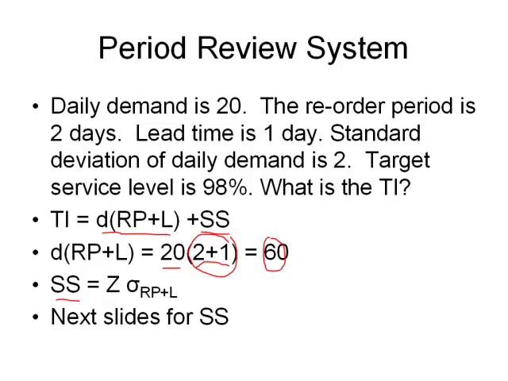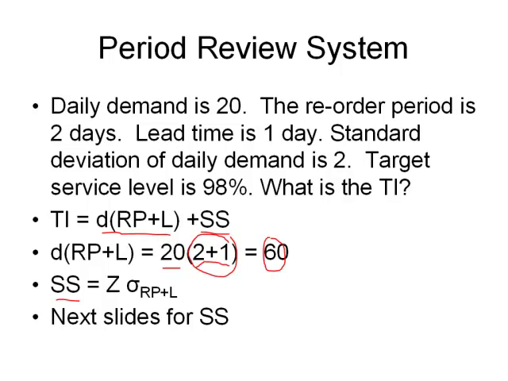If daily demand is 20 and the reorder period is 2 days and the lead time is 1 day, then the first part of this expression, the demand during the reorder period plus the lead time, is equal to the daily demand of 20 times the sum of the days in the reorder period plus the days in the lead time. So that's 1 day in the lead time plus 2 days in the reorder period, or 3 days. So 20 units a day times 3 days is 60 units.